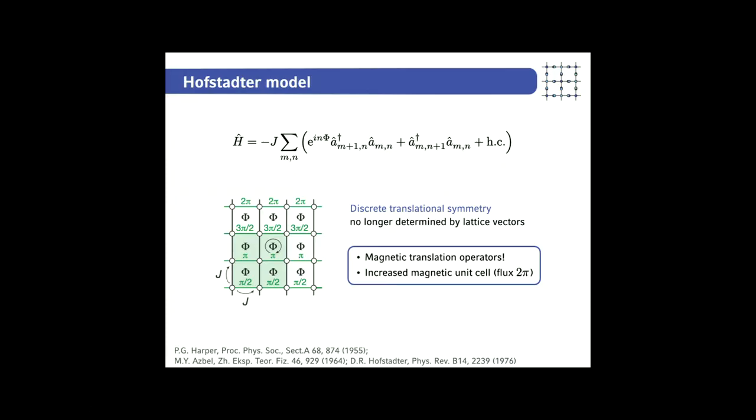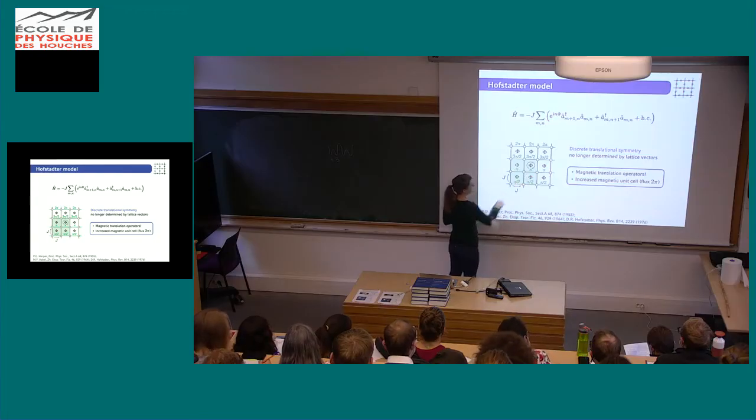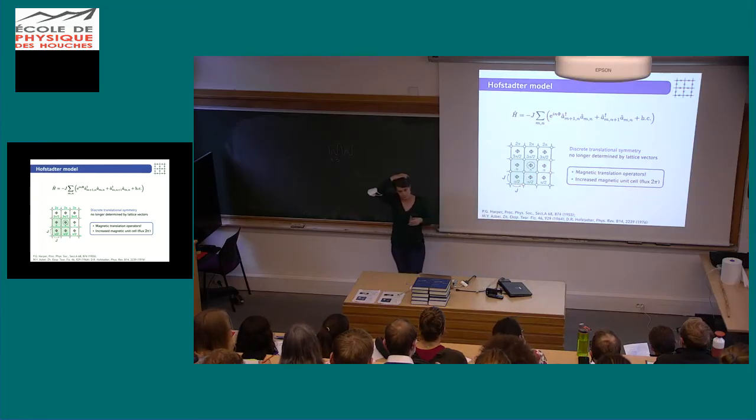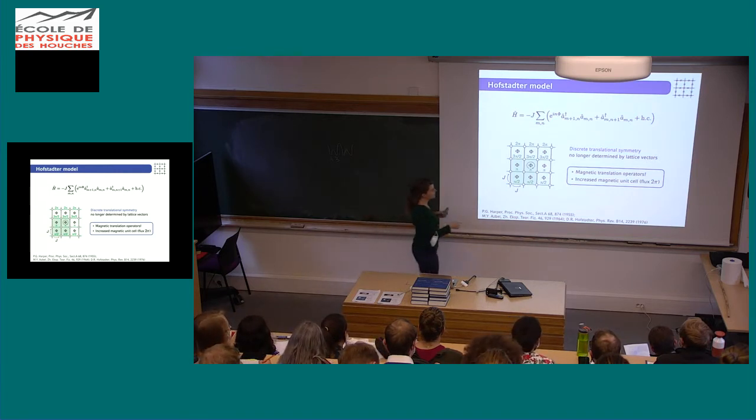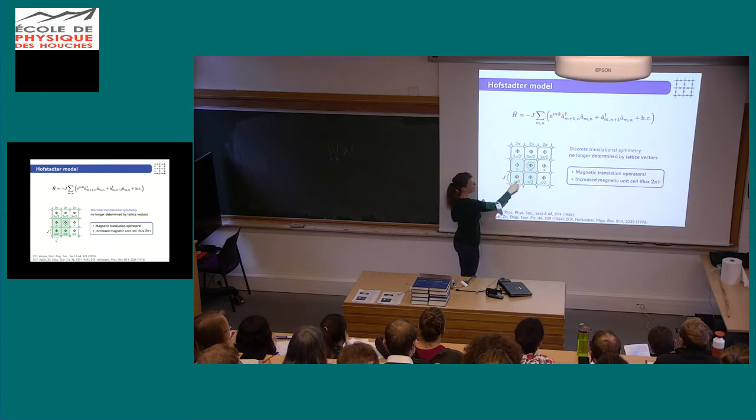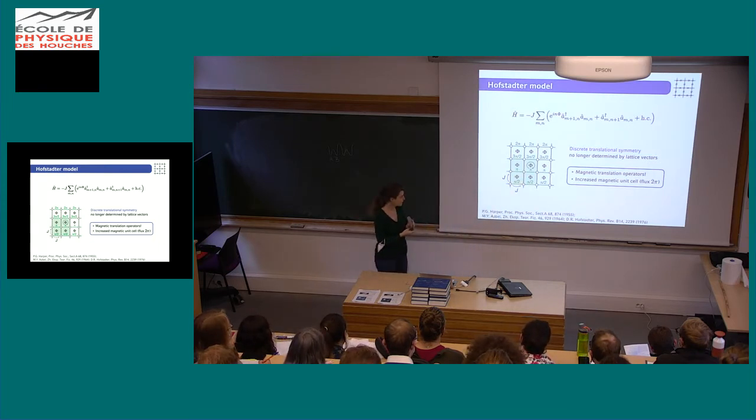But in essence, what you can show is that the magnetic unit cell always contains an integer multiple of 2 pi. So in this example of a magnetic flux of pi over 2, the magnetic unit cell would be 4 times larger as compared to the usual unit cell of the lattice. Which also means that if we solve this problem, we essentially have 4 non-equivalent sites per unit cell.